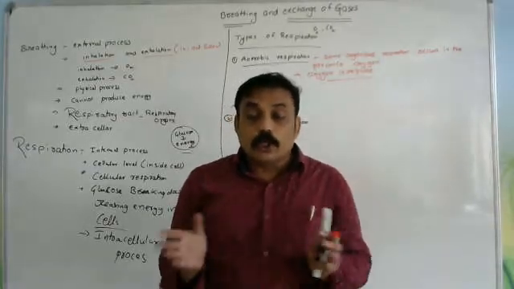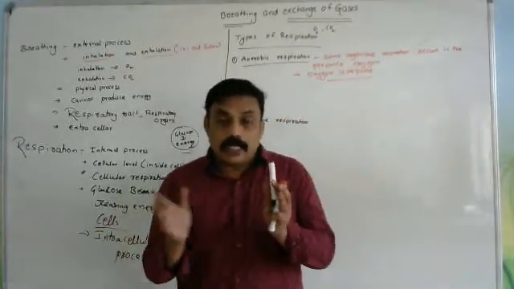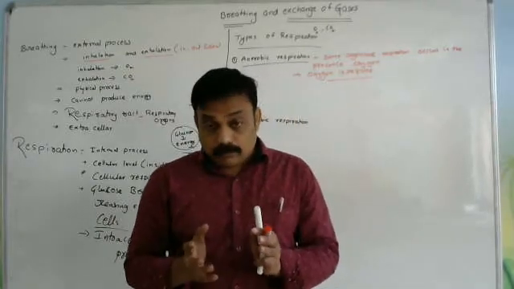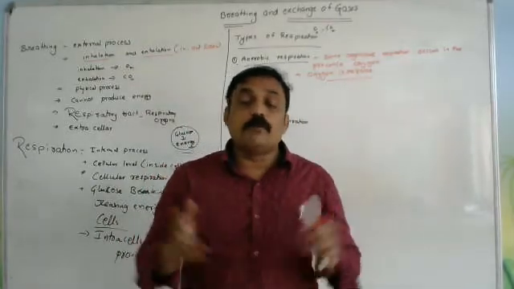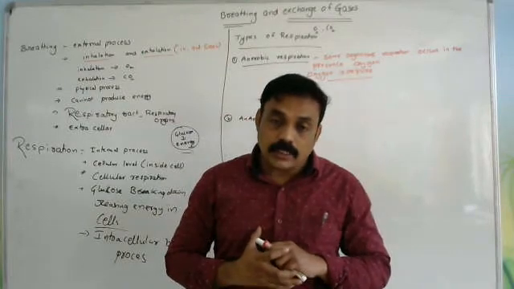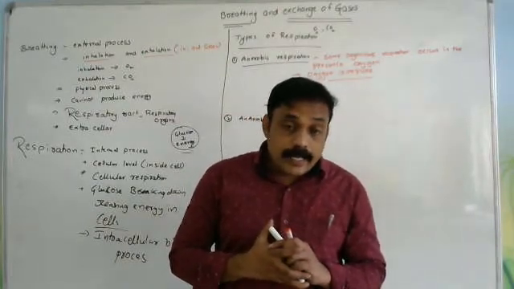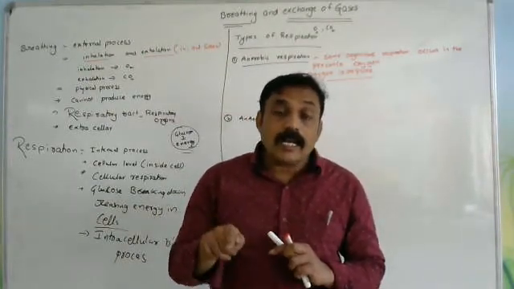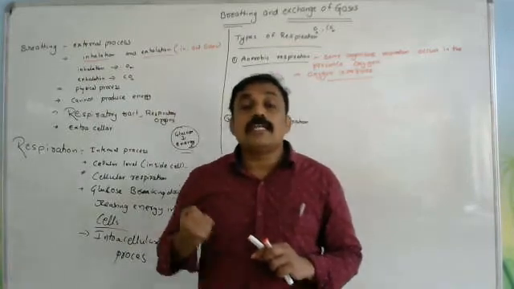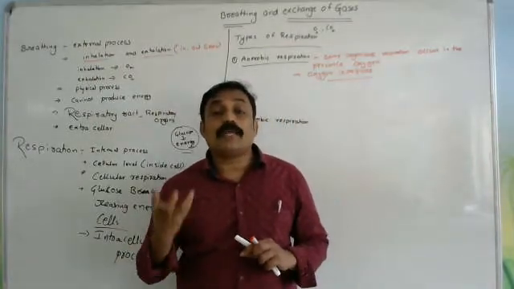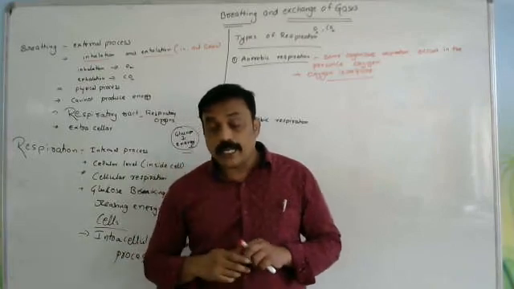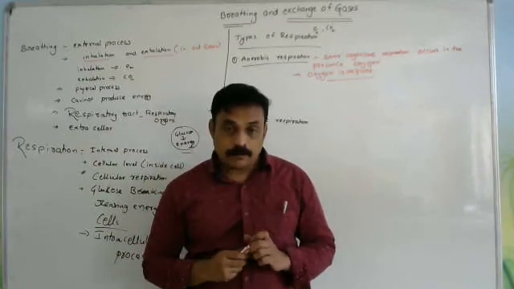Inside the cell, oxygen reacts with the glucose molecule, which is broken down, releasing energy. It is an oxidation process, so oxygen is indirectly and directly required to produce energy. Without oxygen they cannot produce energy.